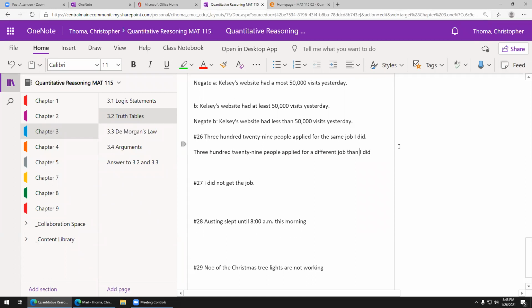Yes, so the sentence would read as a negated sentence. I would read it like 329 people applied for a different job than I did. Okay. I cannot see anything wrong with this.